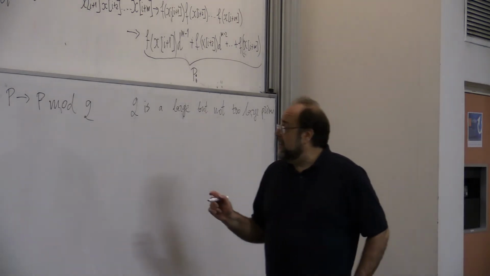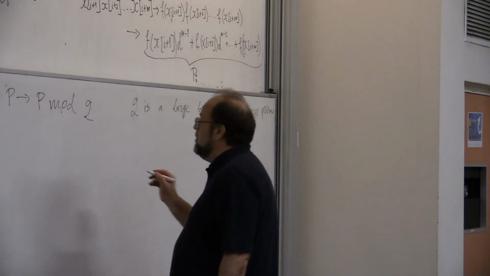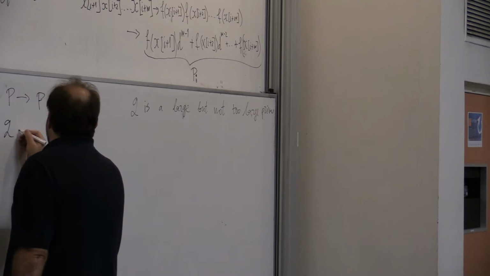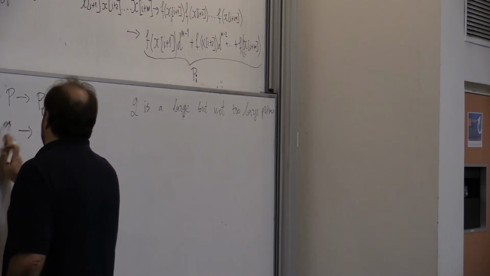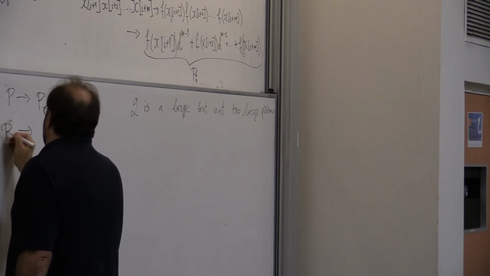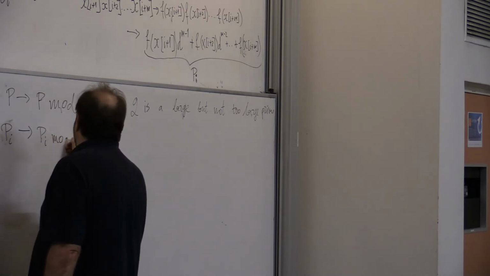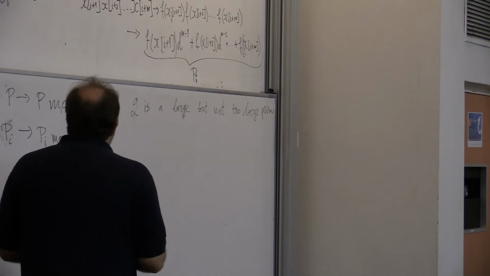Okay, so the idea now is to replace p with p mod q and pi with pi mod q.